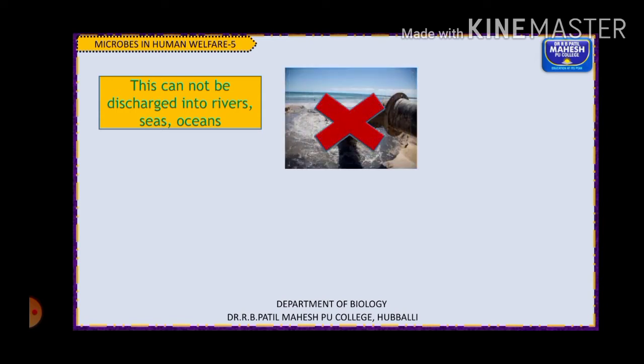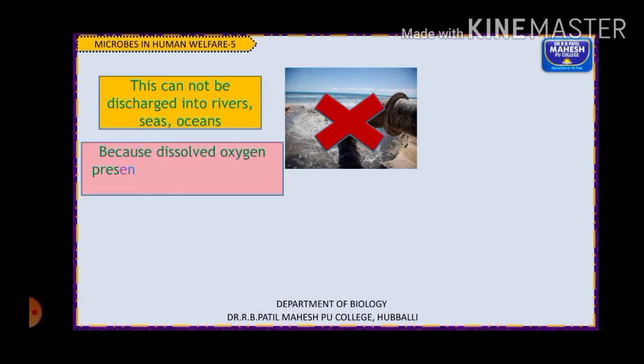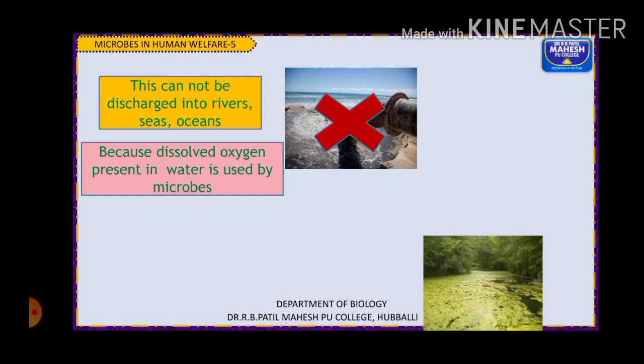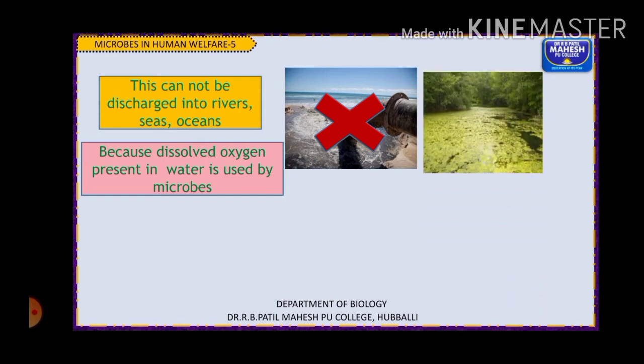Before discharge, this sewage water has to be treated, because the dissolved oxygen present in this water is completely used up by the microorganisms present in it. What happens because of this? The amount of oxygen decreases, and the demand for oxidation of organic matter increases.